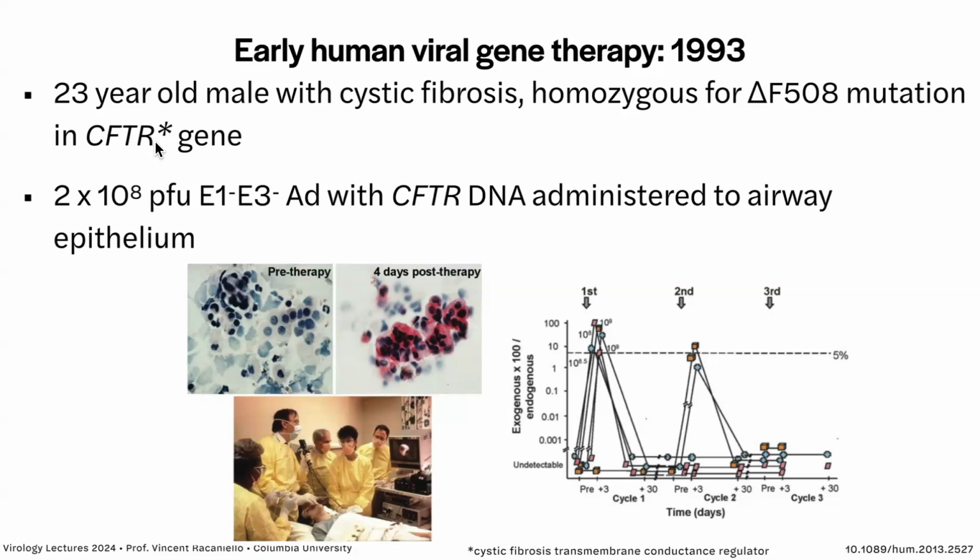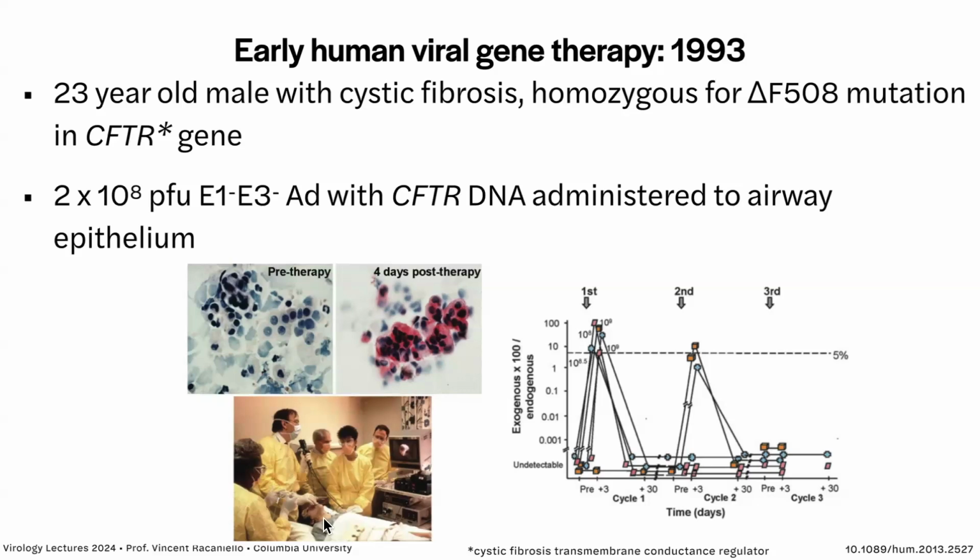And so you have a defect in the gene. So what we want to do is give the wild type copy of the gene. And so this was a first generation adenovirus vector, E1, E3 deleted, with the DNA encoding wild type CFTR. And it was a lot of virus, 2 times 10 to the 8th PFU administered to the airway epithelium.